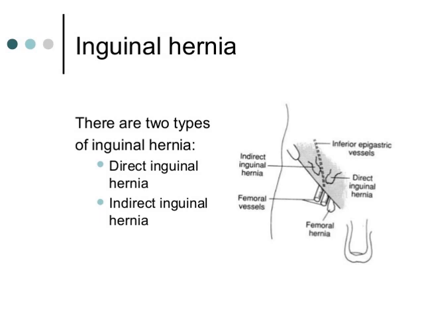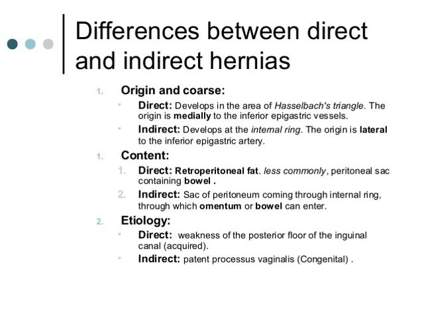We have two types of inguinal hernia, either the direct inguinal hernia or the indirect inguinal hernia. The direct inguinal hernia is a hernia passing through the Hesselbach triangle. The oblique inguinal hernia is a hernia passing through the internal ring.